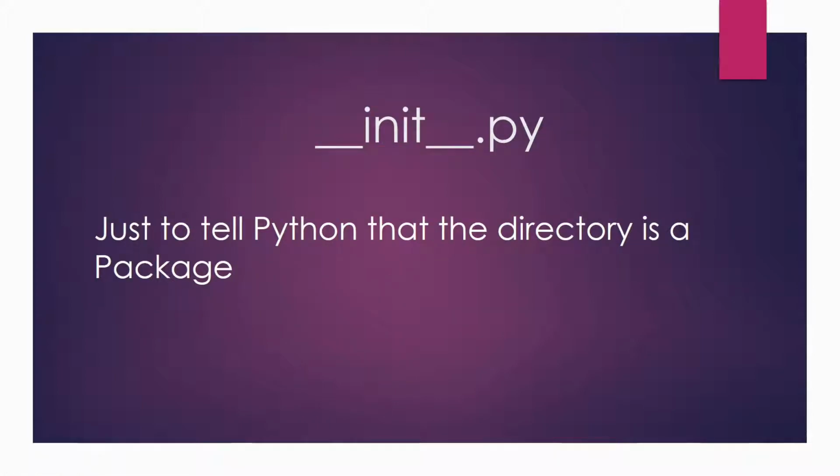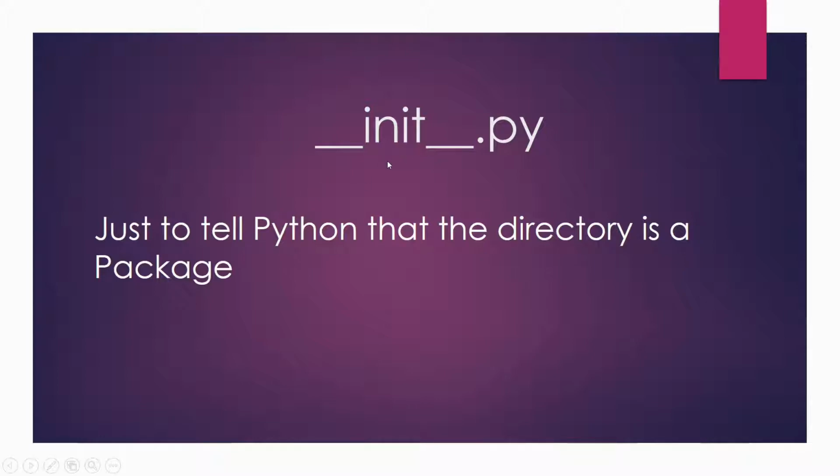Then we have init.py. I guess you might be aware of this: any package will have this file, init.py. This file may be empty, or there might be some code, but most probably it is empty.